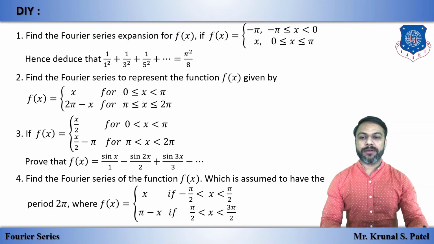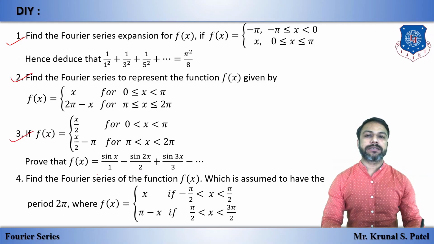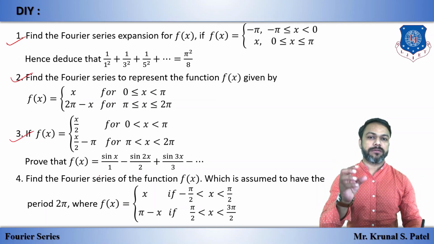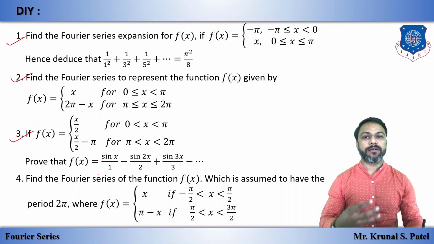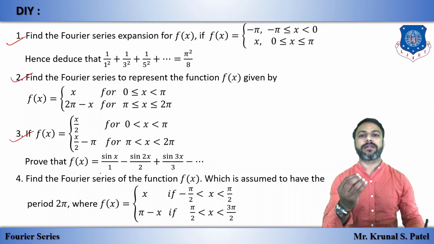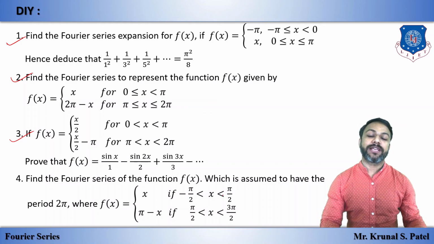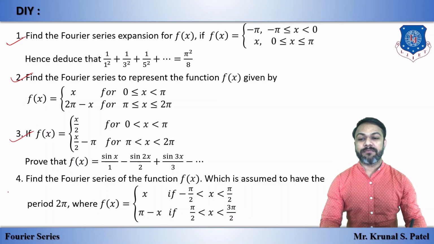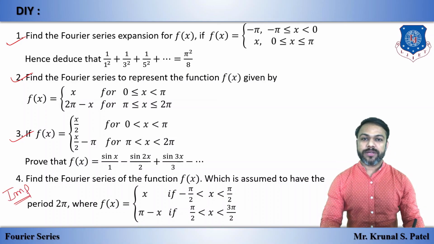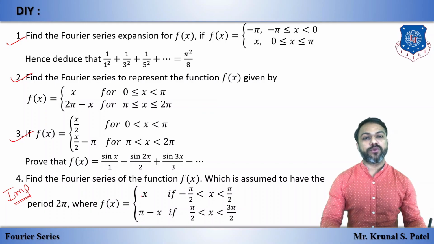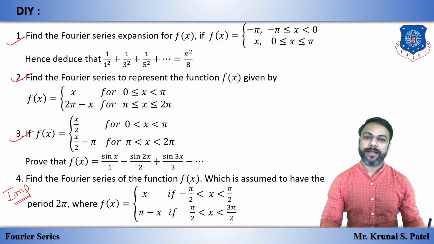All these examples are easy, 1, 2 and 3, but there are a few changes, so you will get different terms because I have given the interval in the form of pi by 2. This is the most important example for you. Solve it by yourself, and if you have any queries, you can contact me.